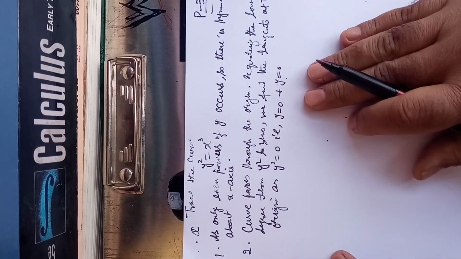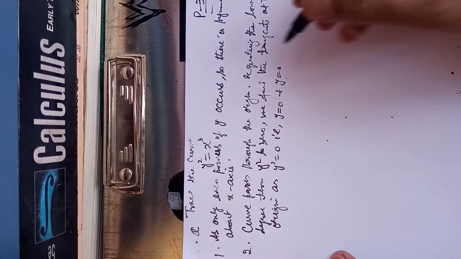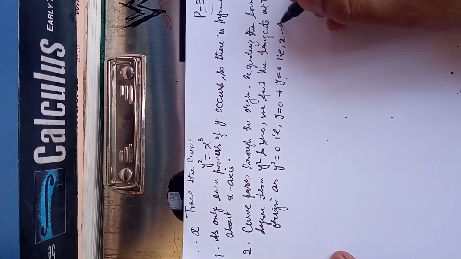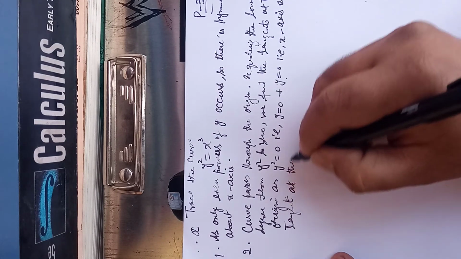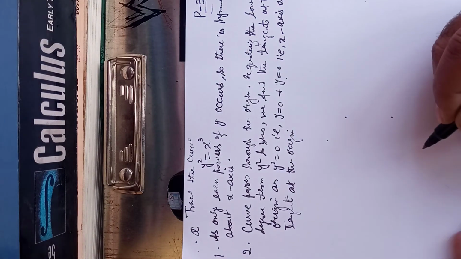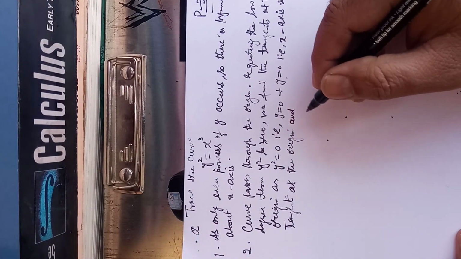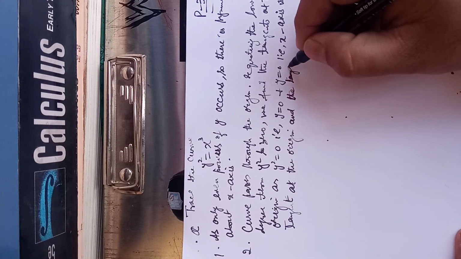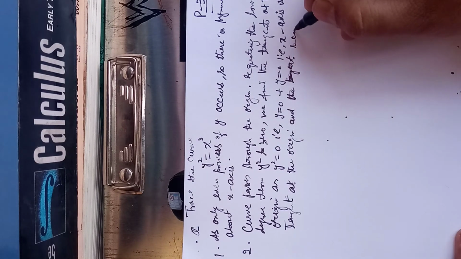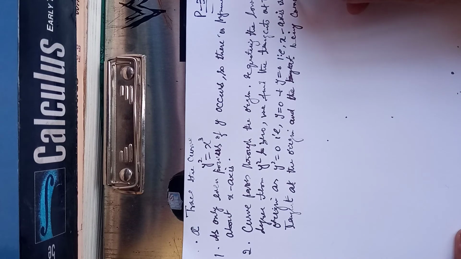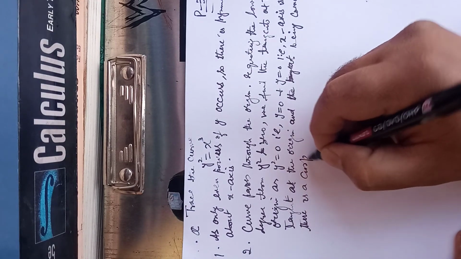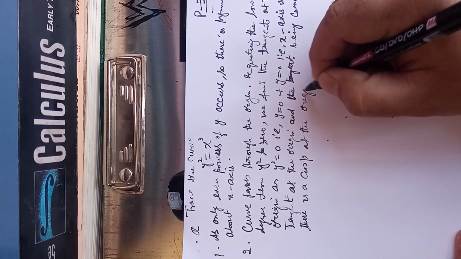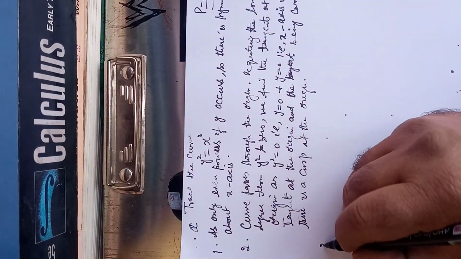These are two real and coincident tangents. So the point is a cusp. Y equal to 0 is the x axis, which is the tangent at the origin, and the tangents being coincident, there is a cusp at the origin.